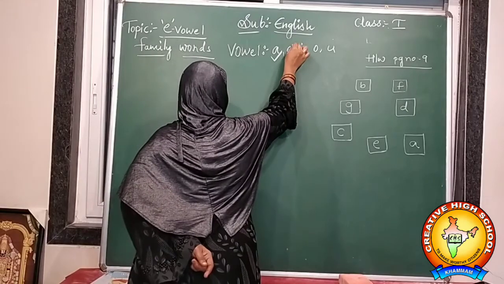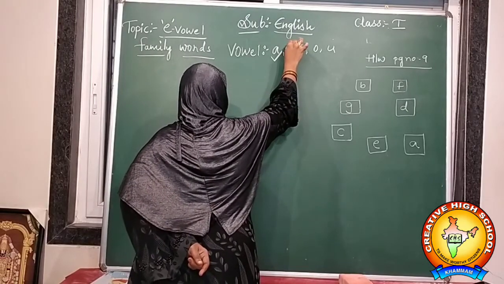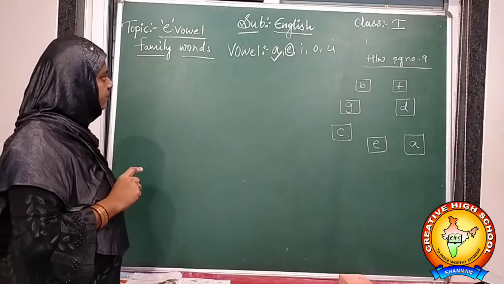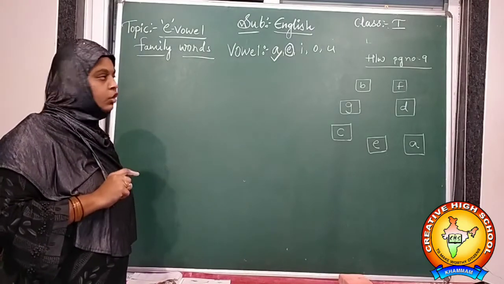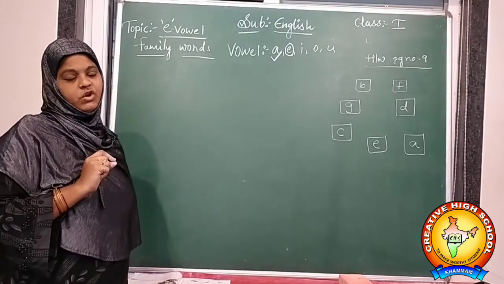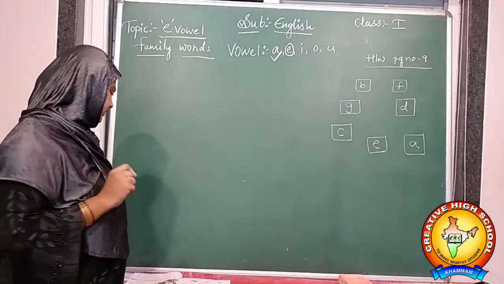Today we are going to complete E family words. Did you all understand? A family words we have completed. Today we are going to learn about E family words. Okay.